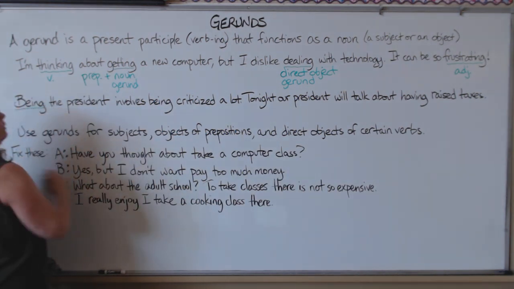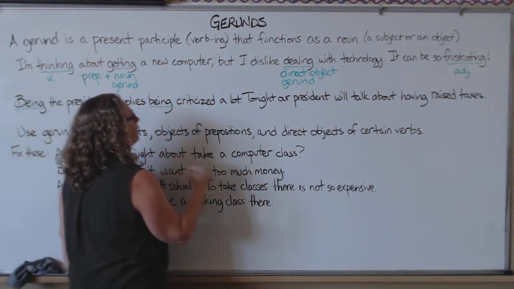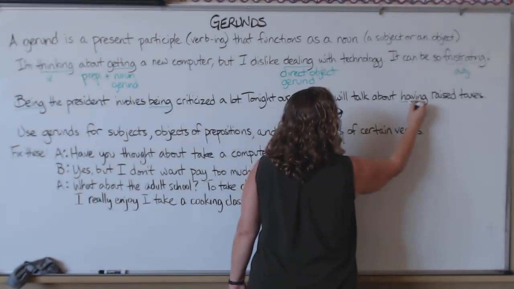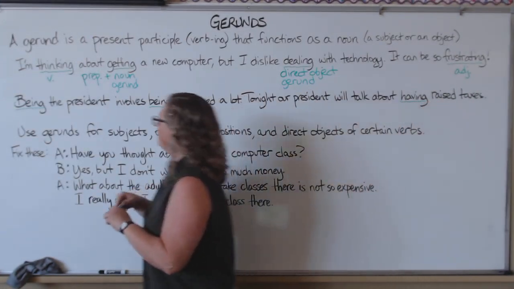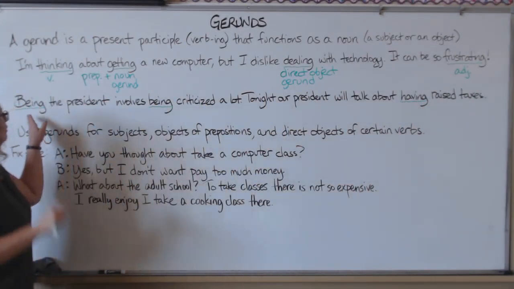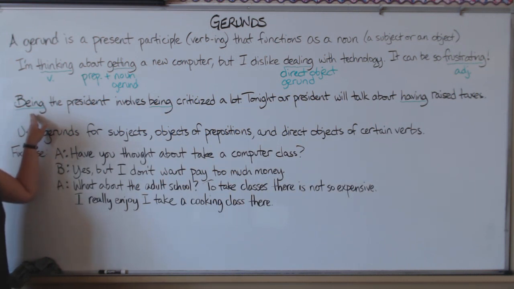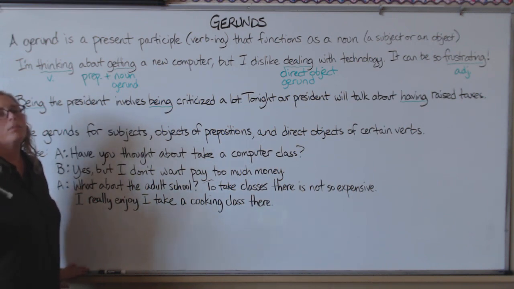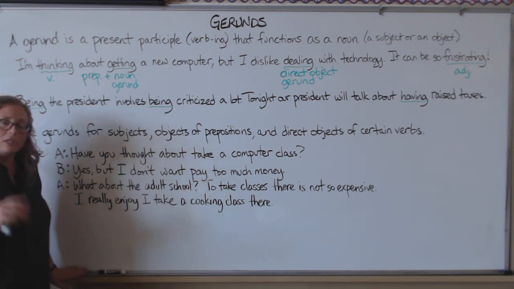Right here, and right here. Okay, this one is at the very beginning of a sentence. That should immediately give you a clue that it is probably a subject. Not always, but probably.